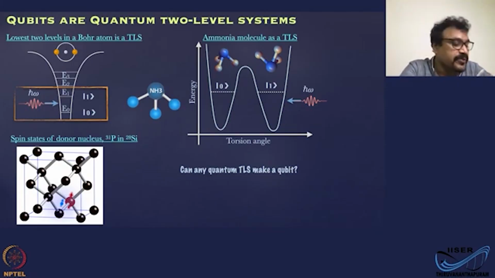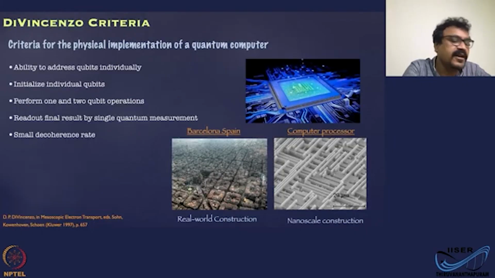So you can make one qubit, but to make a quantum computer, you need to make sure that the system hosting these qubits satisfies certain criteria, because those criteria are based on technology or how you realize the system in practice.